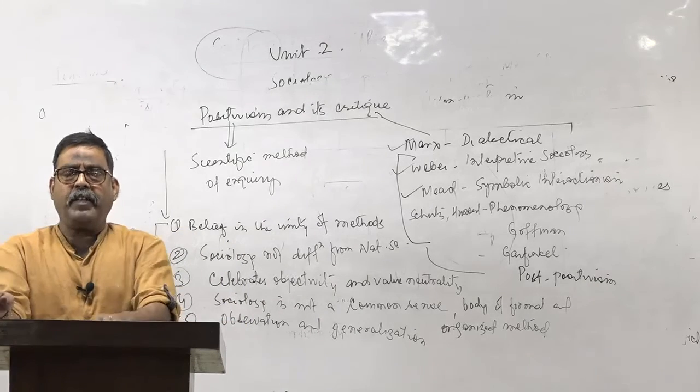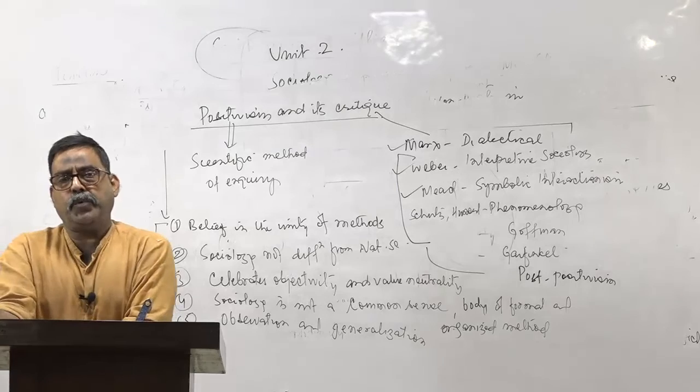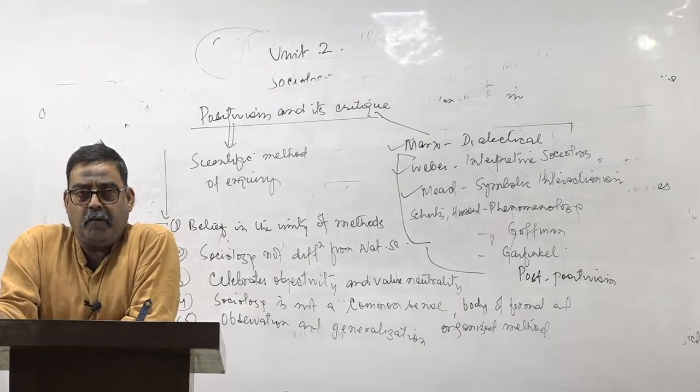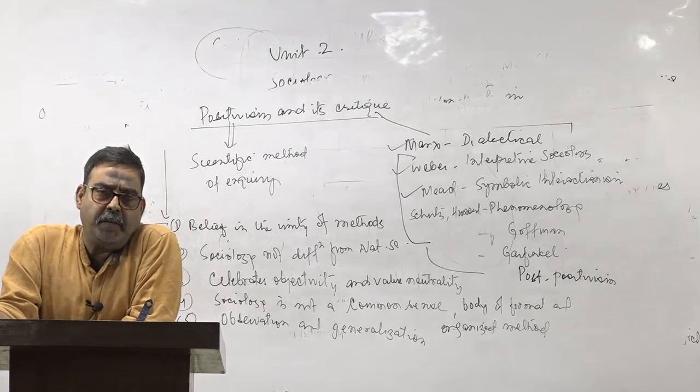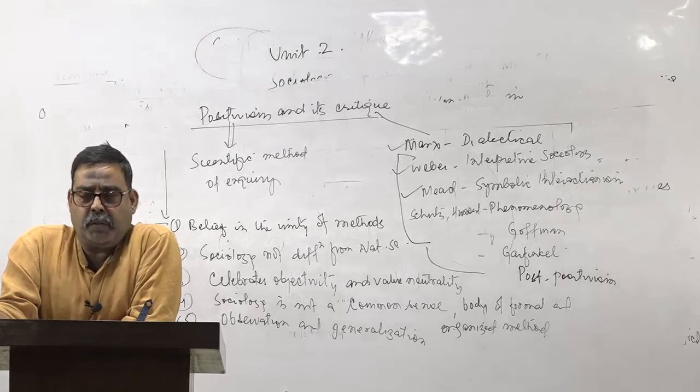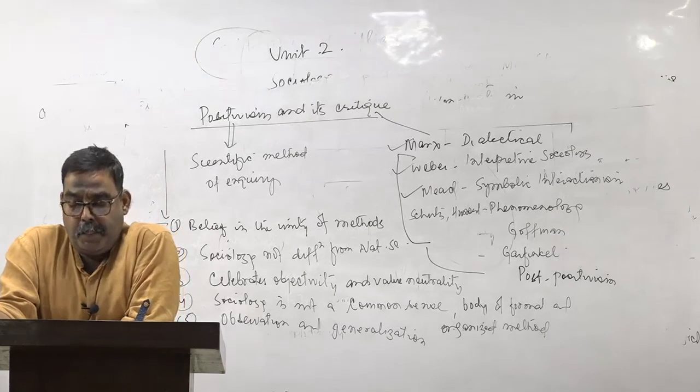And that was the search for objectivity right from the emergence of sociology and positivism. Discarding of subjectivity and values is being emphasized. That is the debate which you have raised.